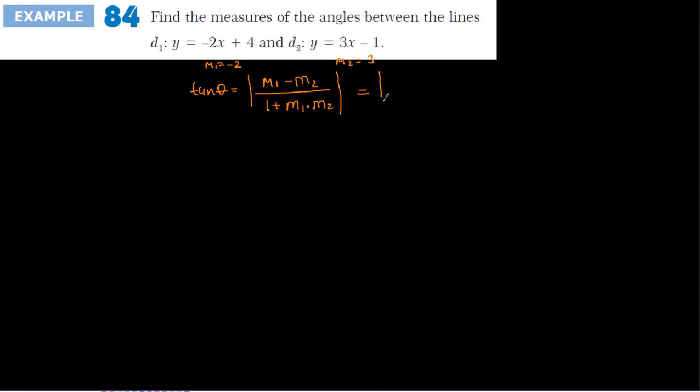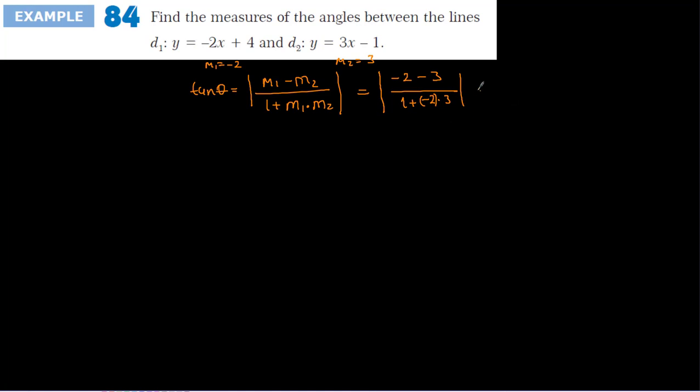Let's replace the values in the formula: minus 2 minus 3, divided by 1 plus m1 times m2, which is minus 2 times 3, with the minus 2 in parentheses.